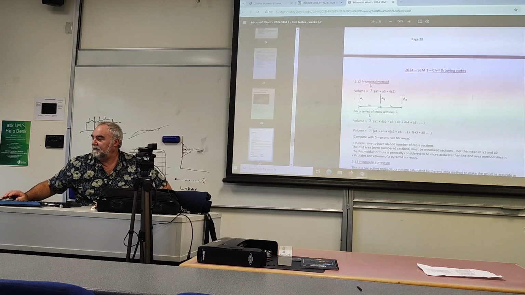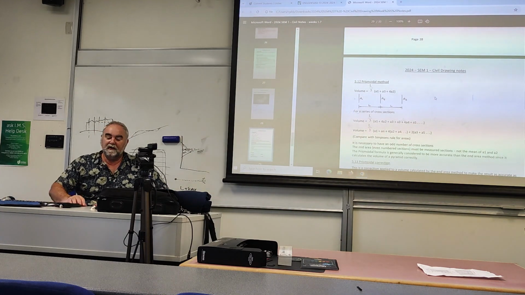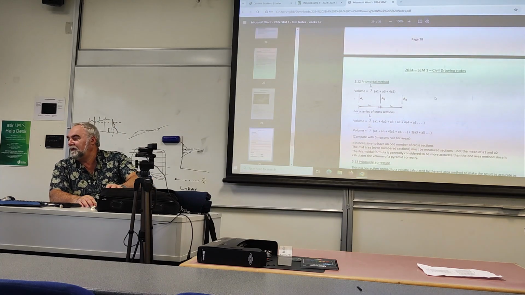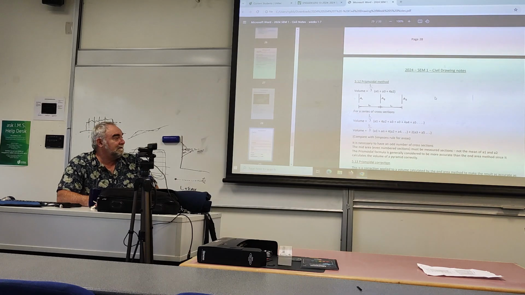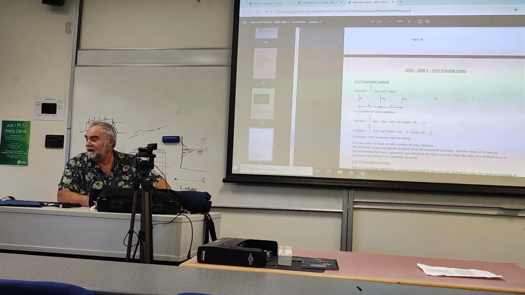So there are more complicated ways of doing it too, like Simpson's rule, which I think you've got to have an uneven amount of jobs, of cuts, to use that.